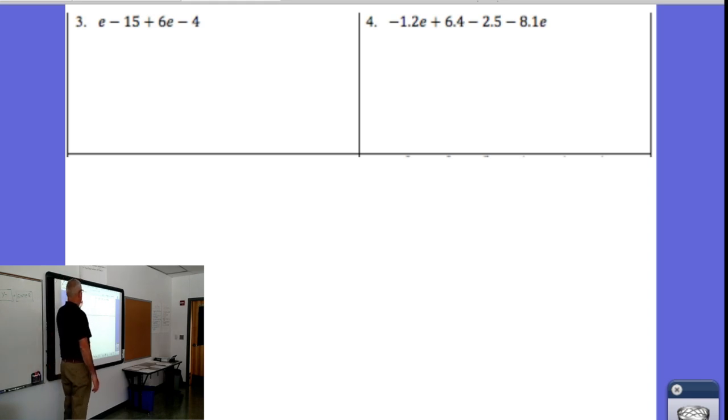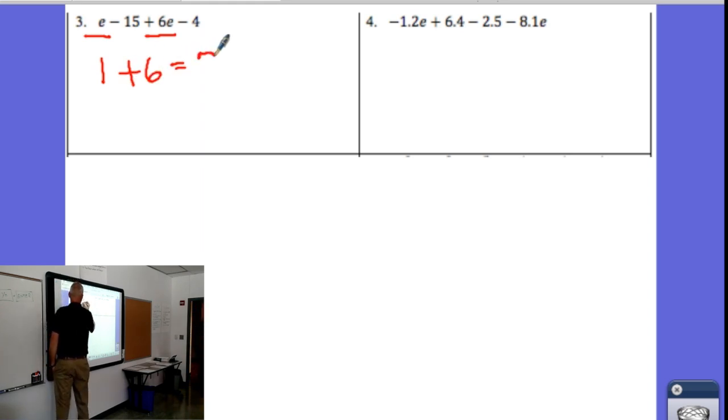How many terms do I have in here? 4. First one, e, is 1. How about the next one? Negative 15. 6. Negative 4. Okay? So, looking at all the e's, here's an e and here's another e. So, I have 1 plus 6, which is equal to 7e.